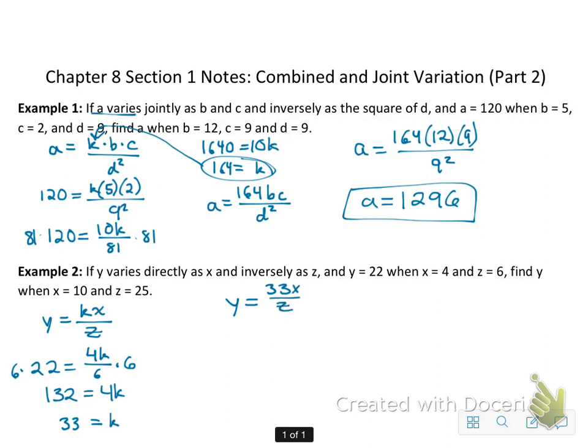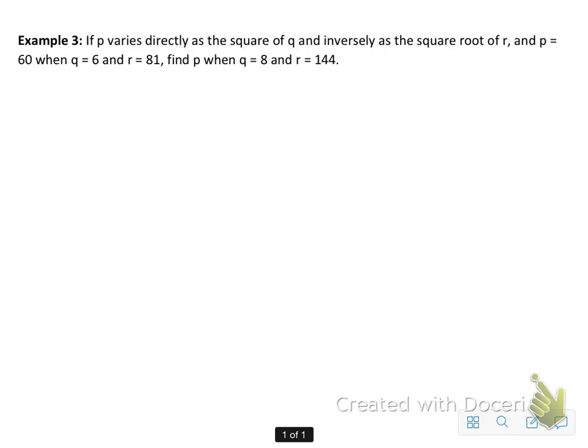So now if I plug in x and z that they give me, which are 10 and 25, y equals 33 times 10 divided by 25, which equals 66 over 5. And that's the answer.